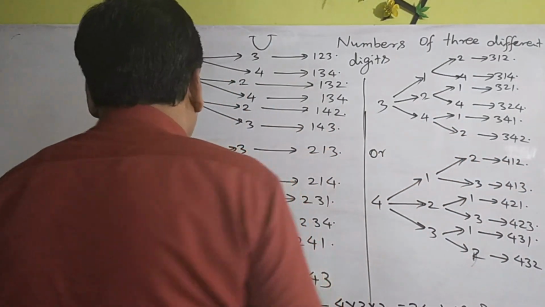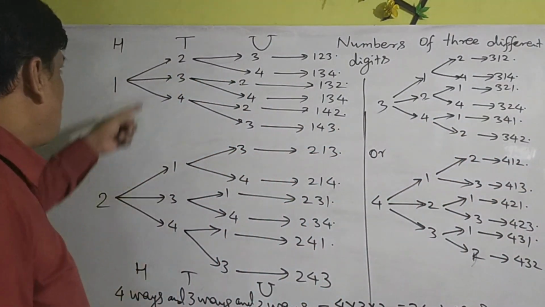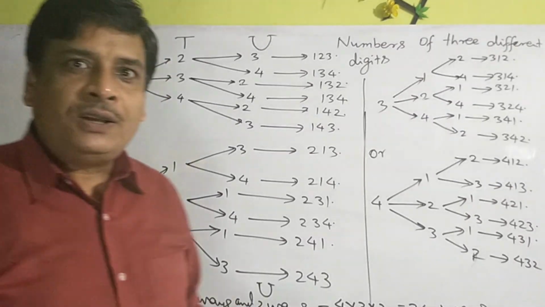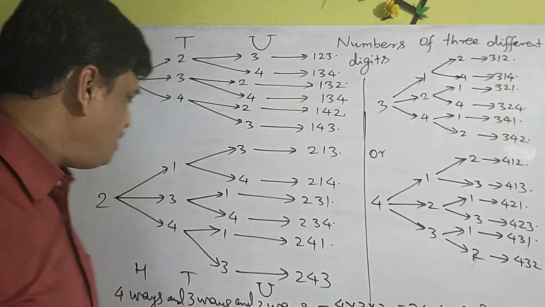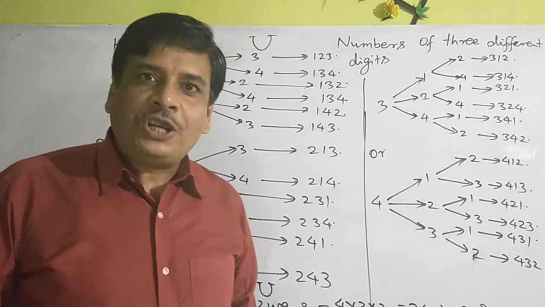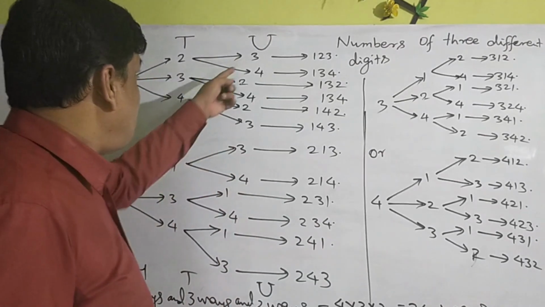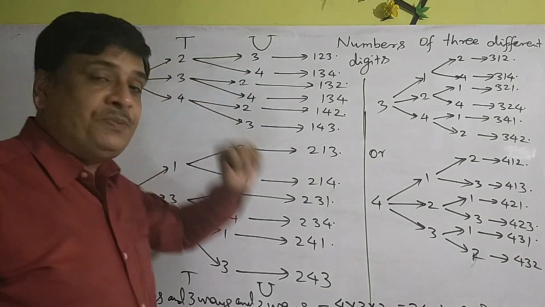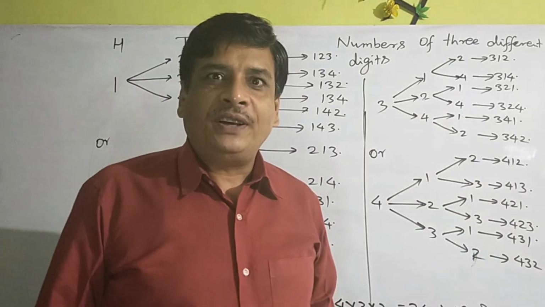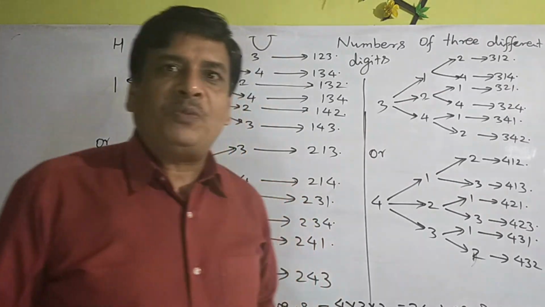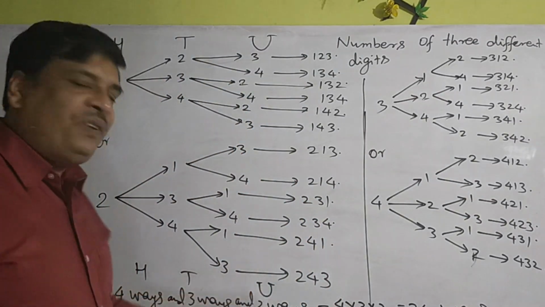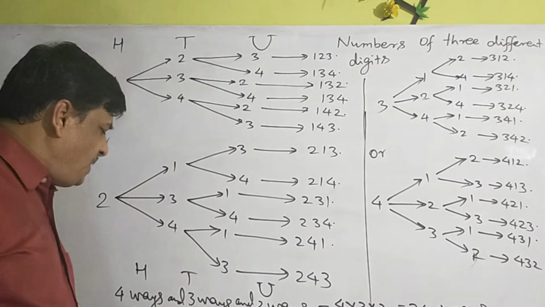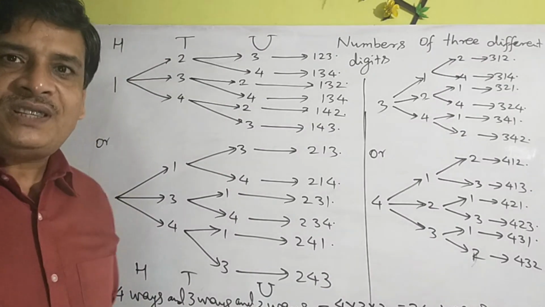And similarly, for the tens place, we can fill up the tens place by 2 or 3 or 4. That's why we are writing 3 for tens place by the addition principle of counting. And for unit place, we have 2 options, 3 or 4. When tens place is 2, means 2 ways. Here also we are using addition principle of counting. And when we fill up these 3 places, what we say? Hundreds place in 4 ways, and tens place in 3 ways, and unit place in 2 ways.